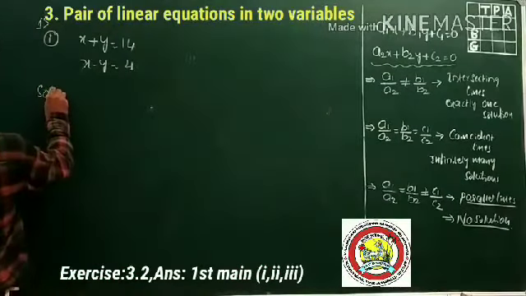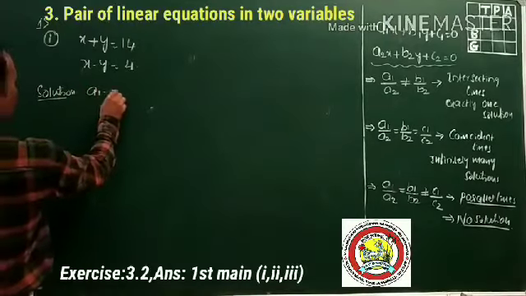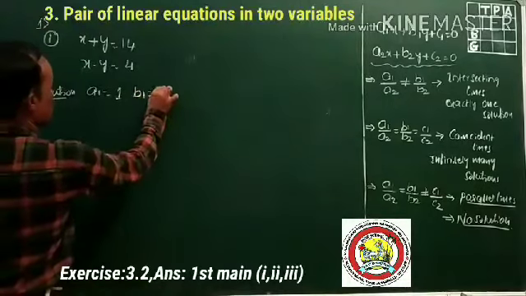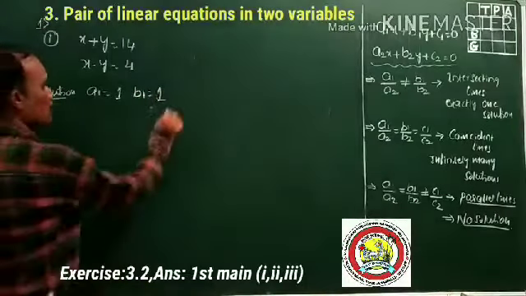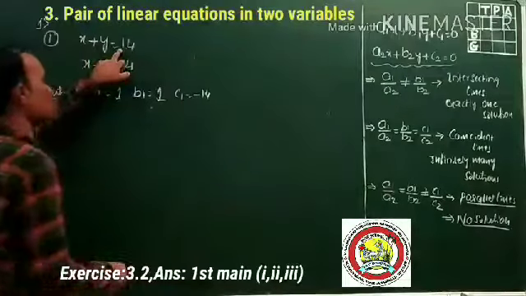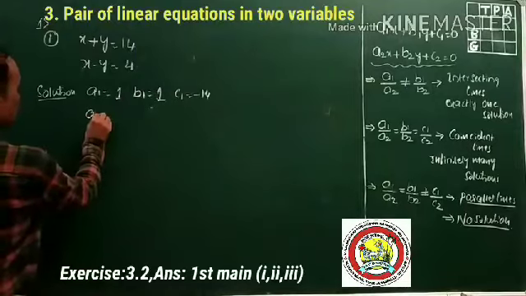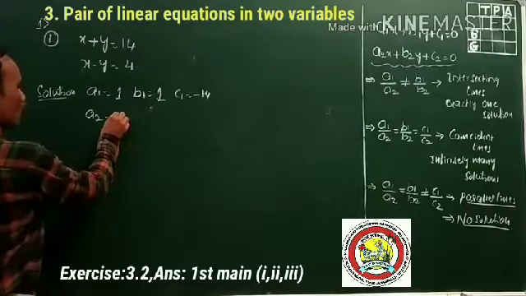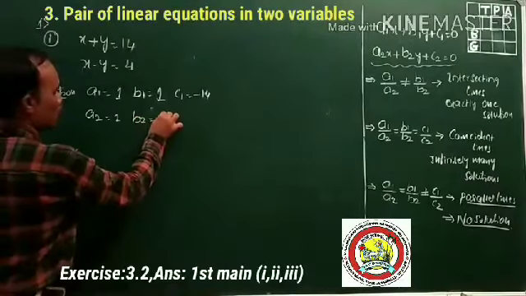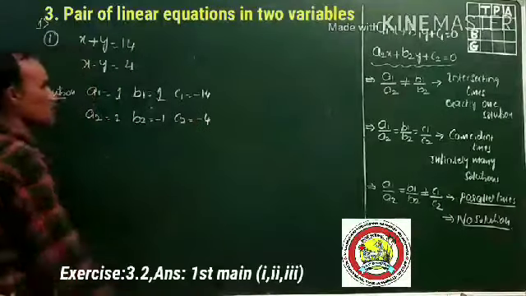What is the value of a1? a1 is the coefficient of x, that is 1. b1, the coefficient of y, is also 1. c1 is equal to minus 14, otherwise if we take 14 here, it will become minus. Next, a2 is again 1, b2 is minus 1, and c2 is minus 4.